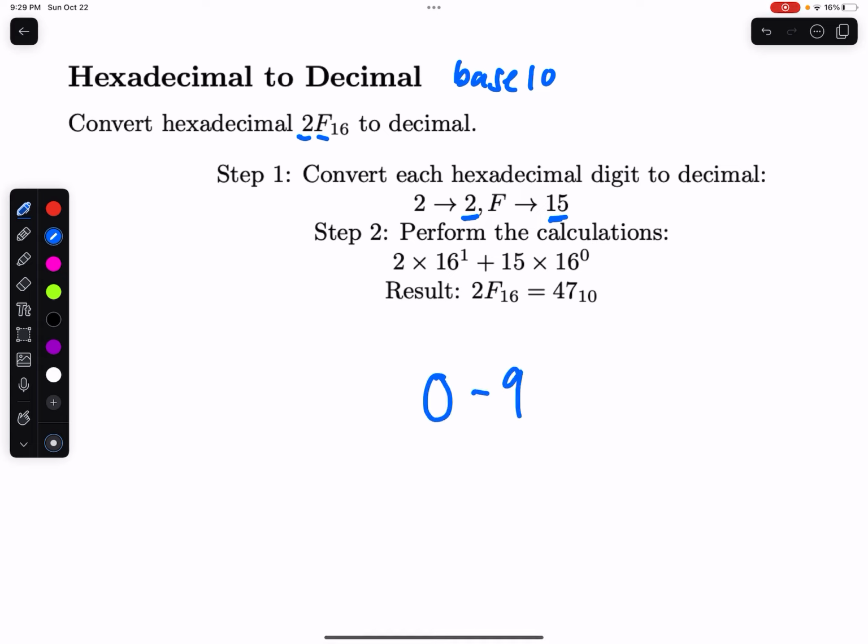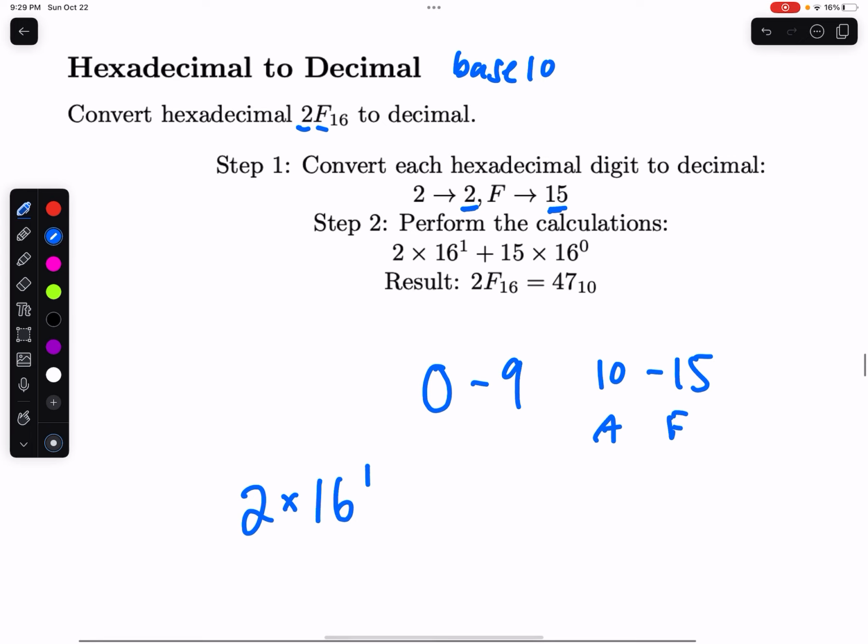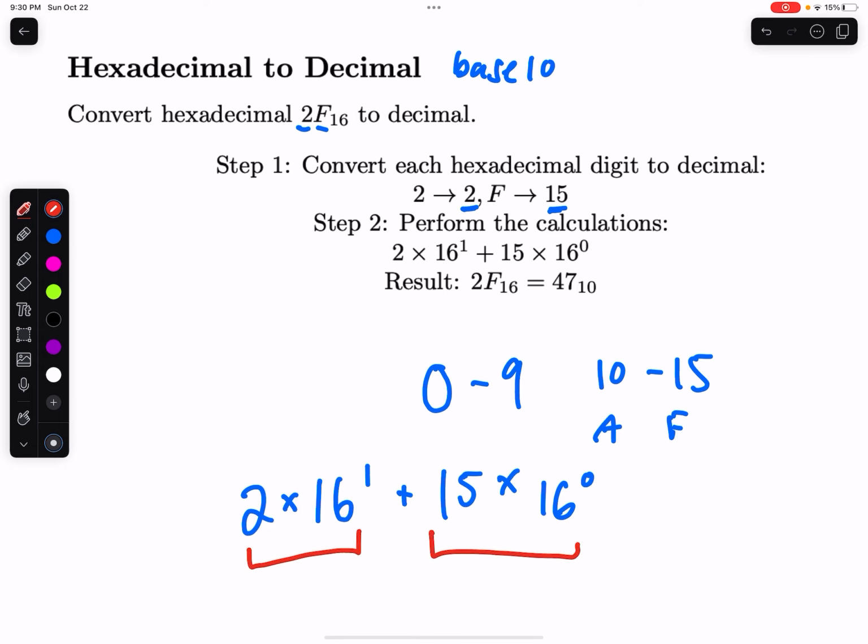In hex, you've got 0 through 9, and then 10 through 15 are A through F. So we have a 2 and a 15. The 2 is at the 16 to the first digit spot, and the F, which is 15, that's at the 1 spot, or the 16 to the 0 power. Okay? So we have the 1's place, and then we have the 16's place, if you will.